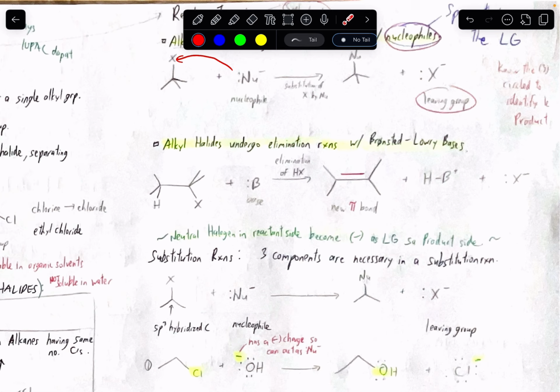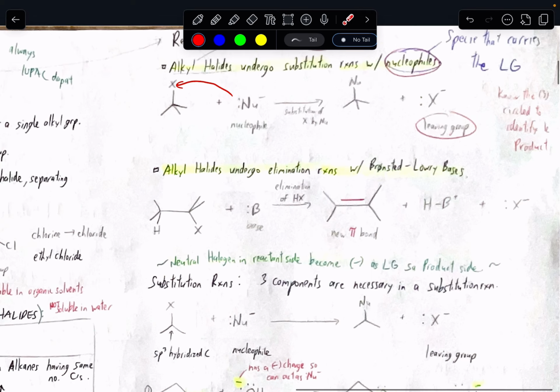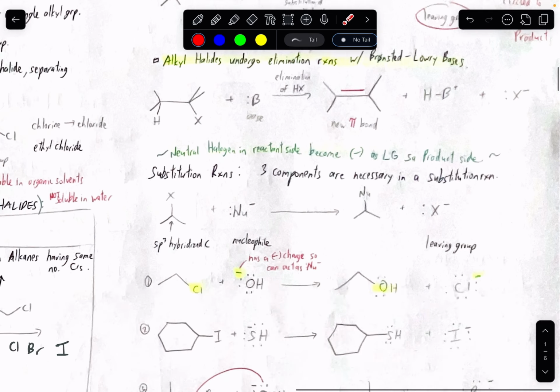And at the same time, the leaving group, as usual, will be on its own at the product side. The hydrogen over here will be bonded to the Bronsted-Lowry base. And we have here, as a separate entity, the figure showing the pi bond.